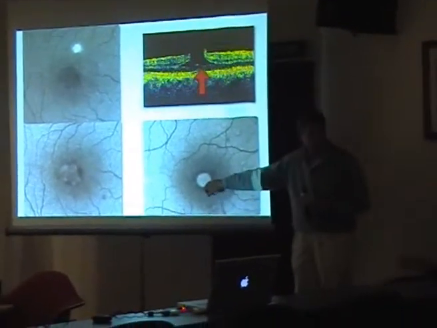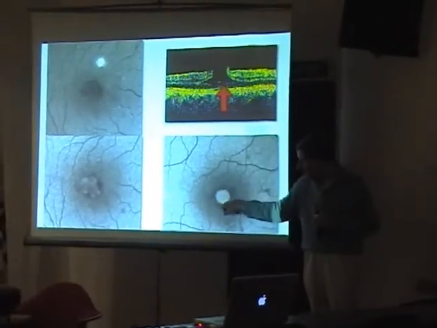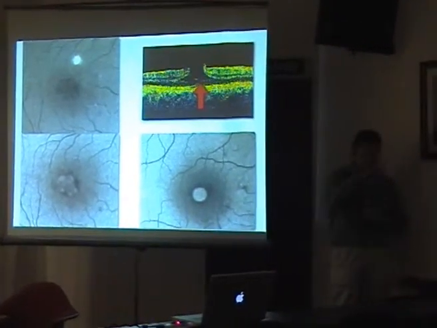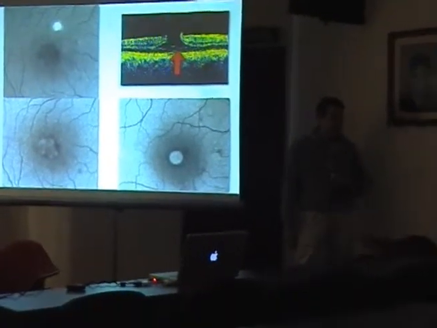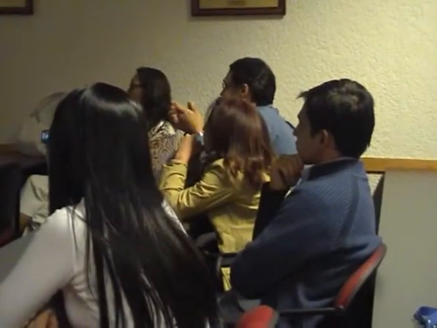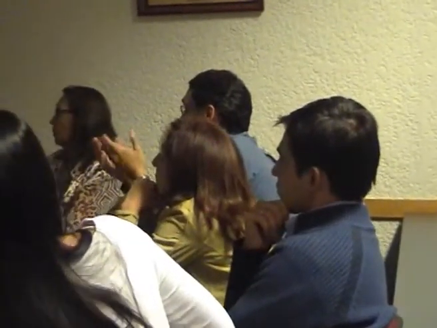And I forgot to tell you why we have autofluorescence increase in macular hole, but I think you can say. What is missing here? We don't have a retina. And so we don't have, in the fovea area, any macular pigment.